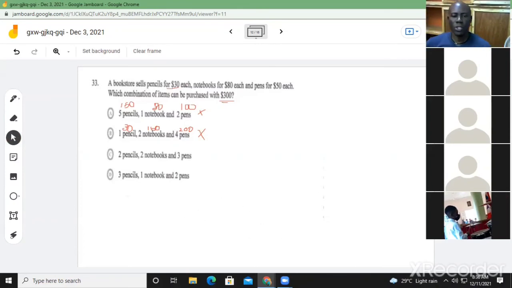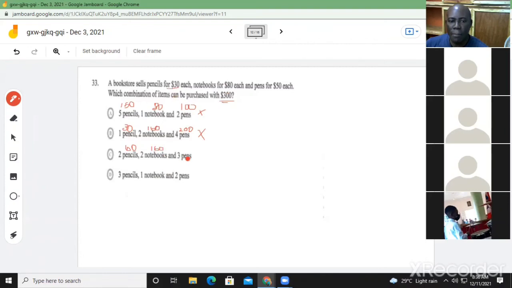All right. So now let's look at the other one. 2 pencils, and we're talking about $60 here, because it's $30 for 1 pencil. So 2 pencils for $60. $80 for 1 notebook, 2 notebooks is $160.